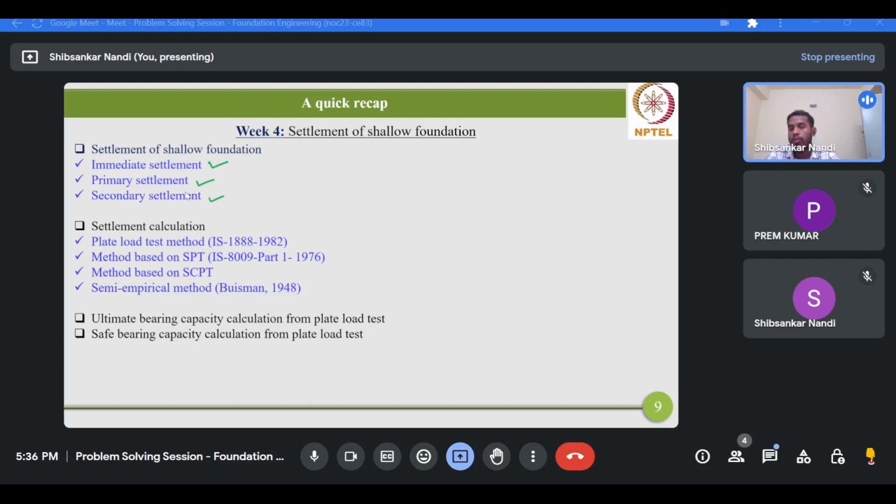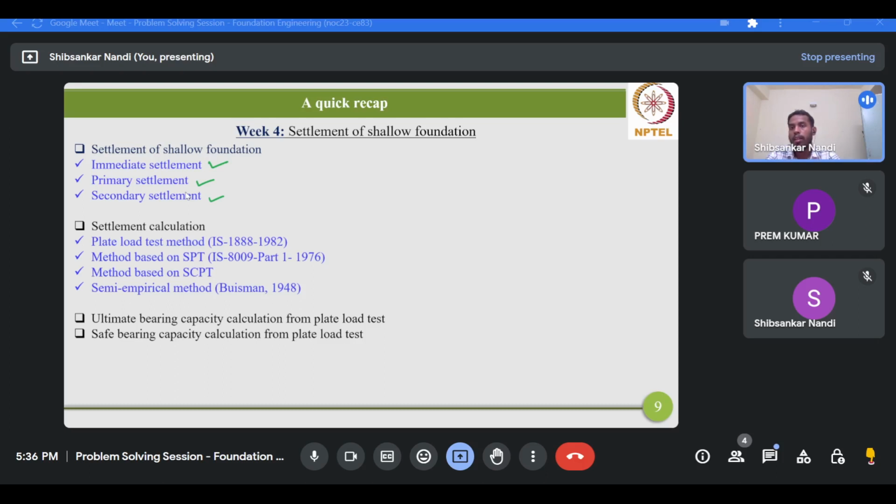When there is no change of loading, the particles are rearranged inside the soil matrix, and you will expect some settlement, which is secondary settlement. These are the 3 components which constitute the settlement of a shallow foundation when subjected to external loading.